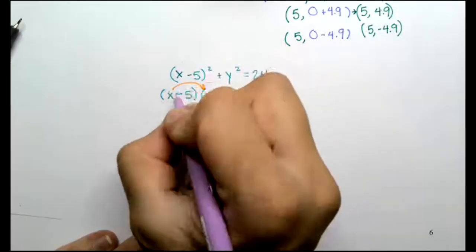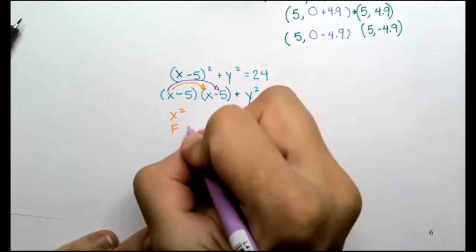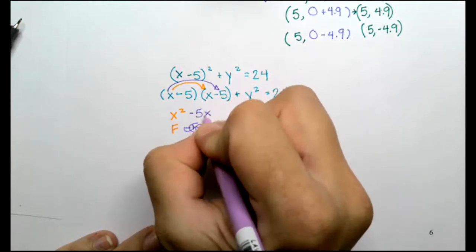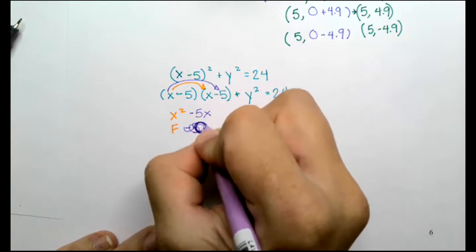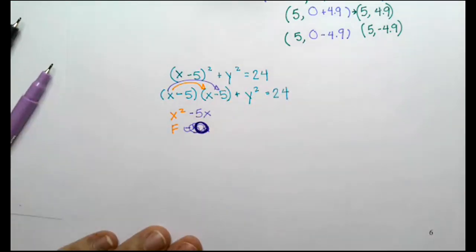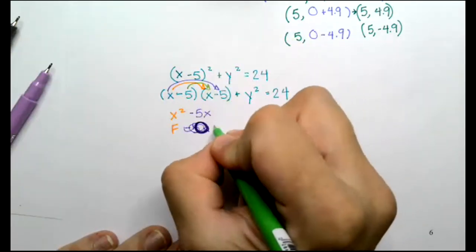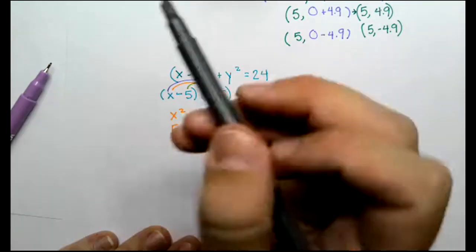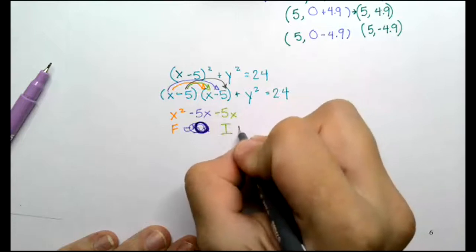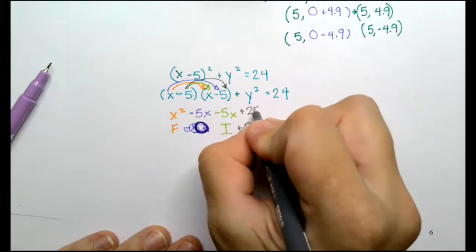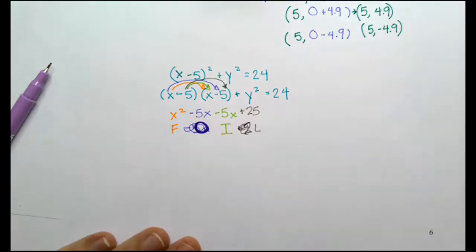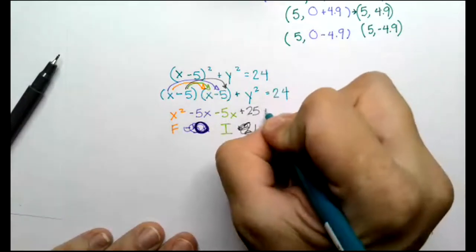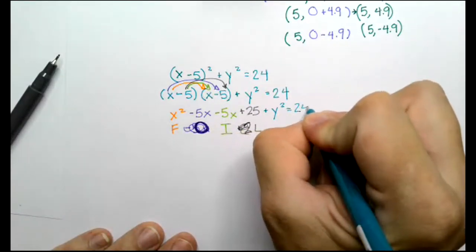Then outside, minus 5x. That's our O. Inside, minus 5x. That's the I. And last, plus 25 is my L. Everything else is the same. Plus y squared equals 24.